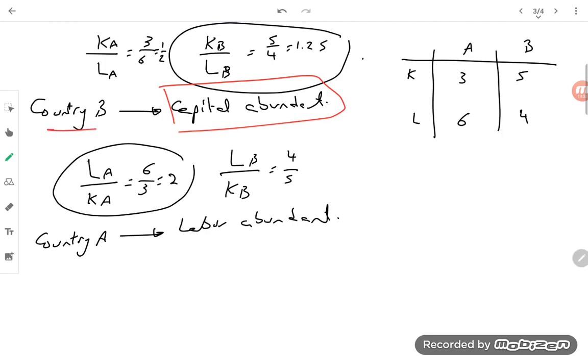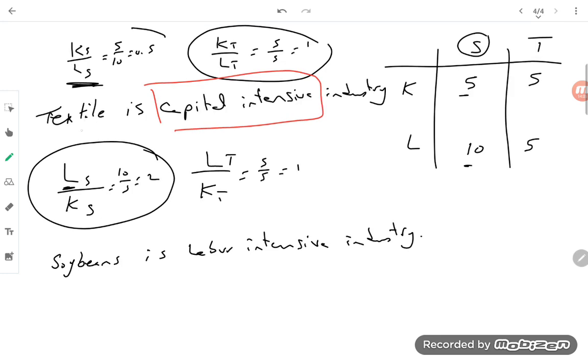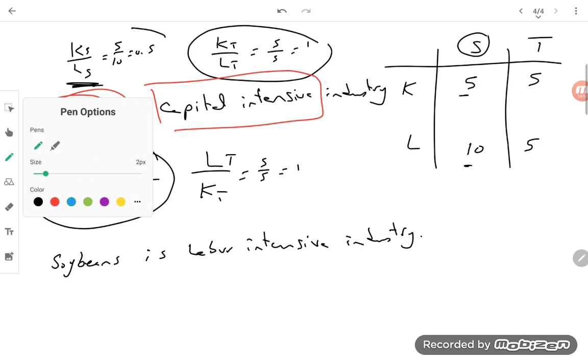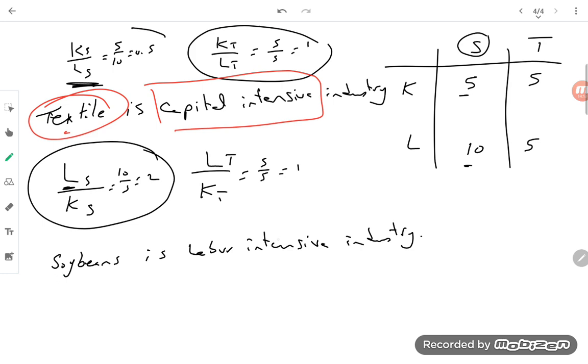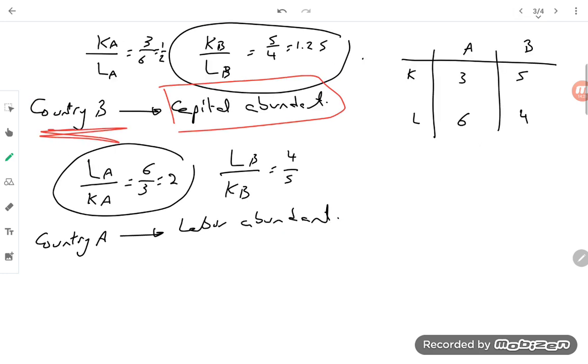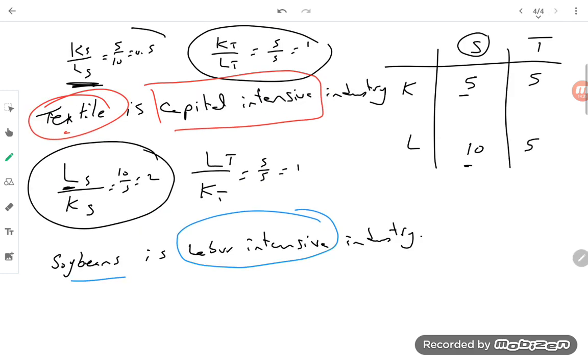So country B will specialize in the production of textile. The same with respect to soybeans. Soybeans requires more labor in its production. And country A is labor abundant, which means it has more labor than country B. As a result, country A will specialize in the production of soybeans.